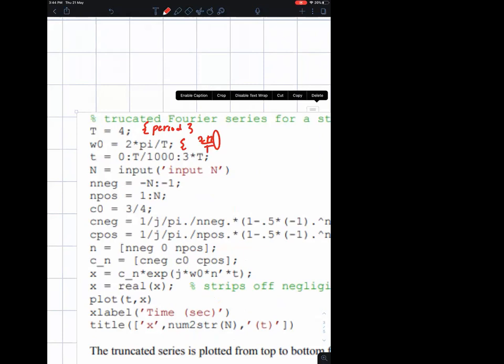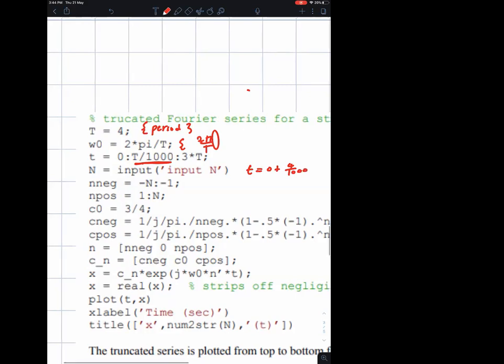And this t is telling you that you start when t equals 0, and then you increase t by a step size of T over 1,000, which is 4 over 1,000. That means you're increasing by 0.004, right?